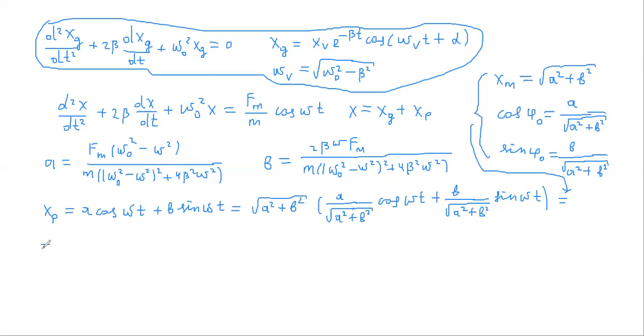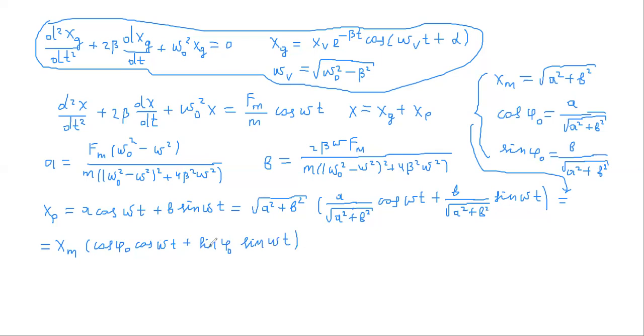According to this, we have that this is equal to xm cosine phi 0 cosine omega t plus sinus phi 0 sinus omega t.